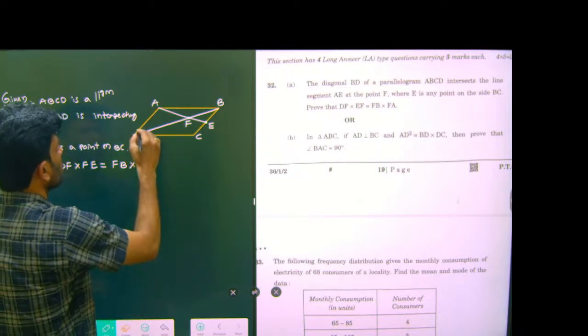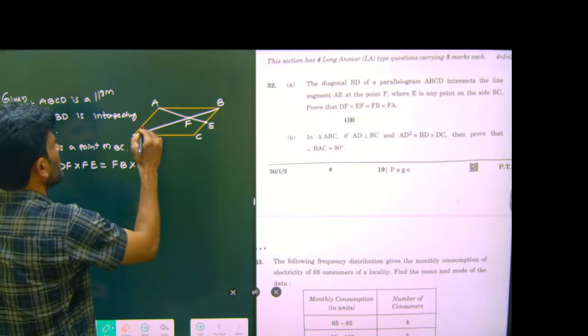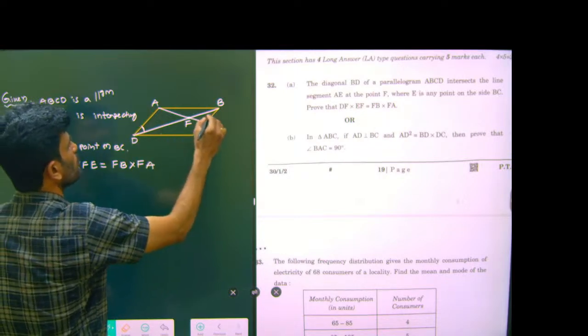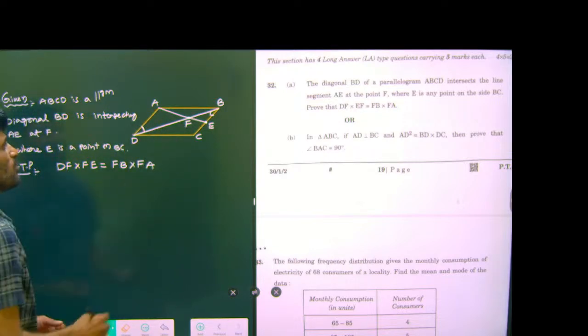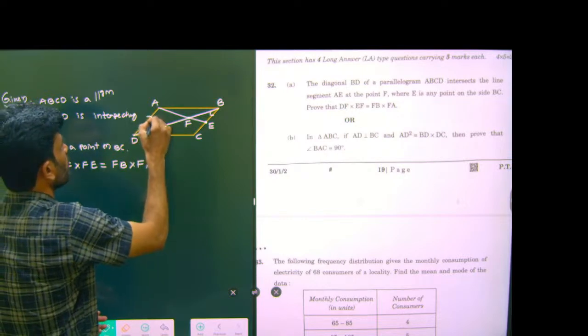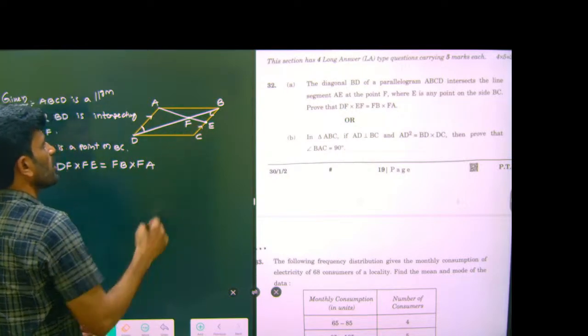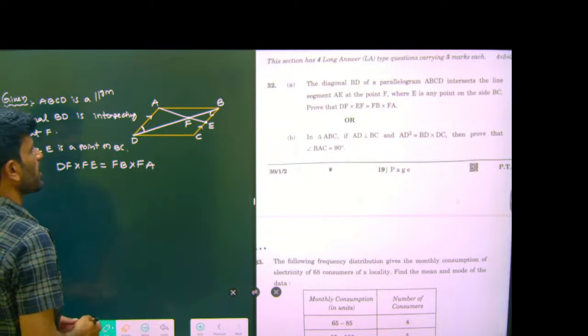You can observe these two angles. Angle ADF is equal to angle EBF. Why is ADF equal to EBF? Because it is a parallelogram, these two are parallel. They both are alternate interior angles. Alternate interior angles are equal when lines are parallel.